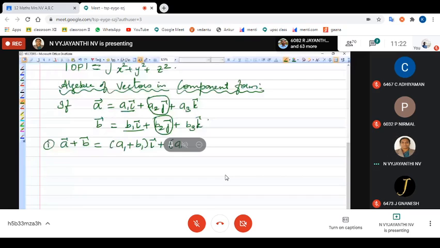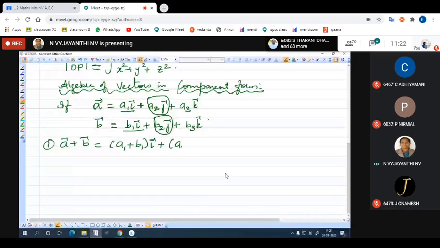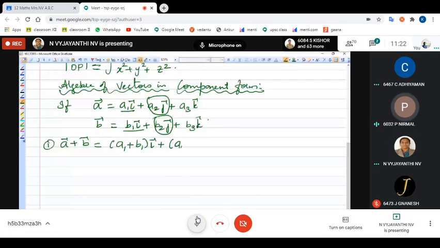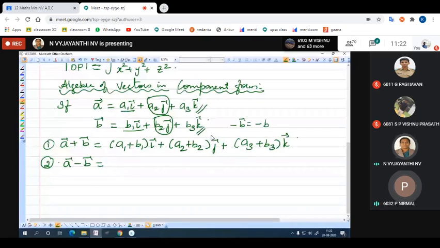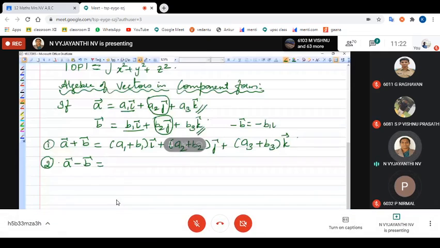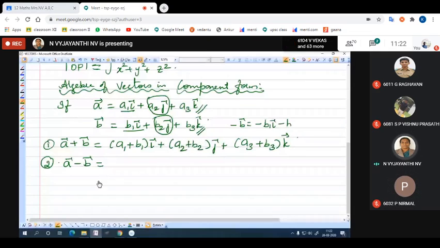So now how to add two vectors in component form? Have you understood? Yes, ma'am. So what is minus b vector now? Everywhere we have to change the sign: minus b1 i vector, minus b2 j vector, minus b3 k vector. So what will be a minus b?